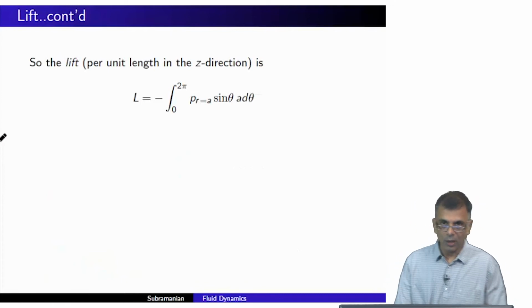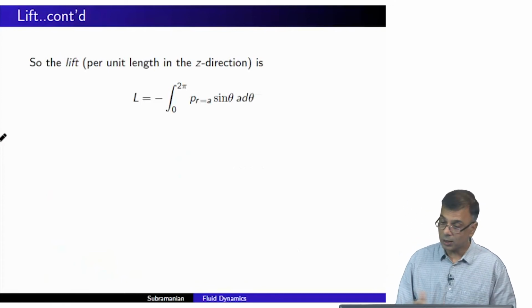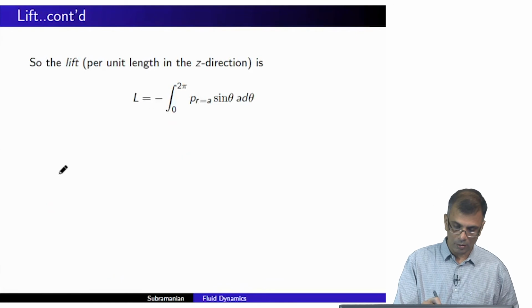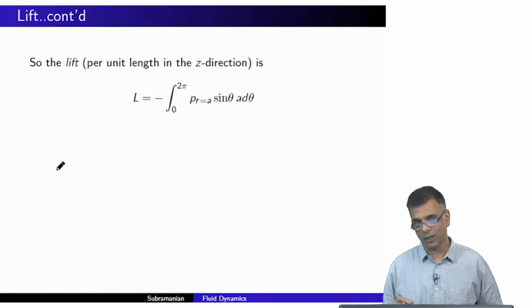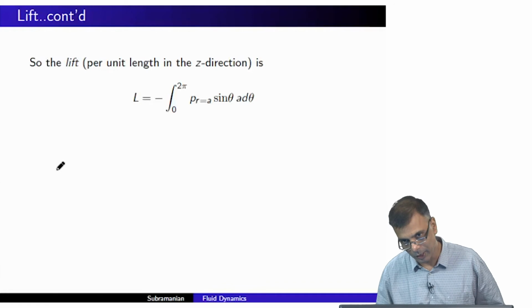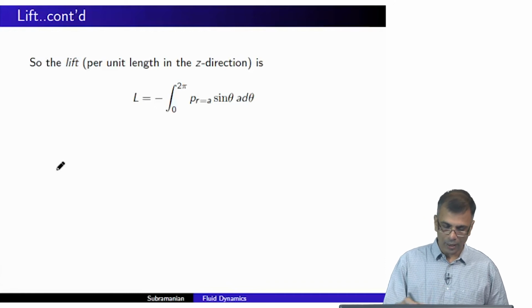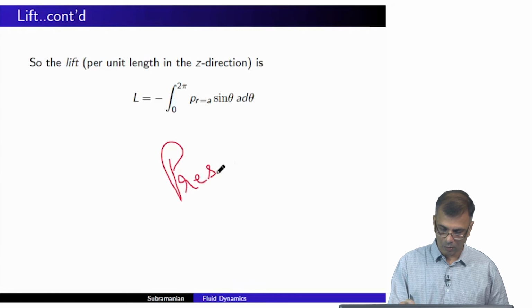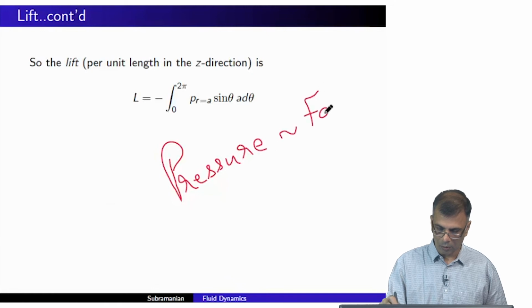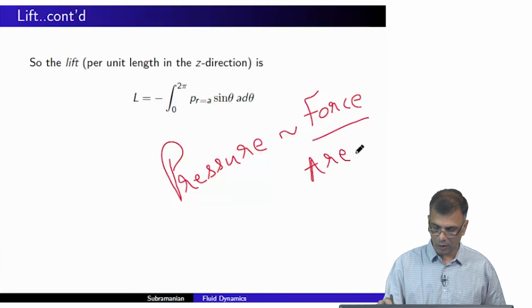So what are the dimensions of pressure? All we have is a pressure, and you take the gradient of that pressure and you get the force. But the other way to look at it is that pressure, as we know, is force per unit area.